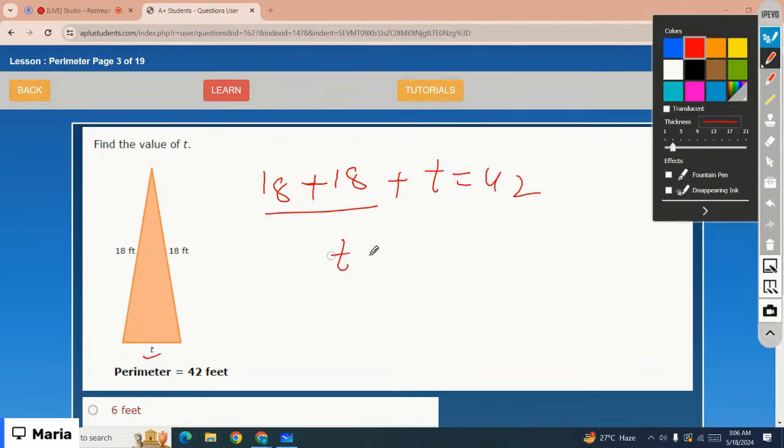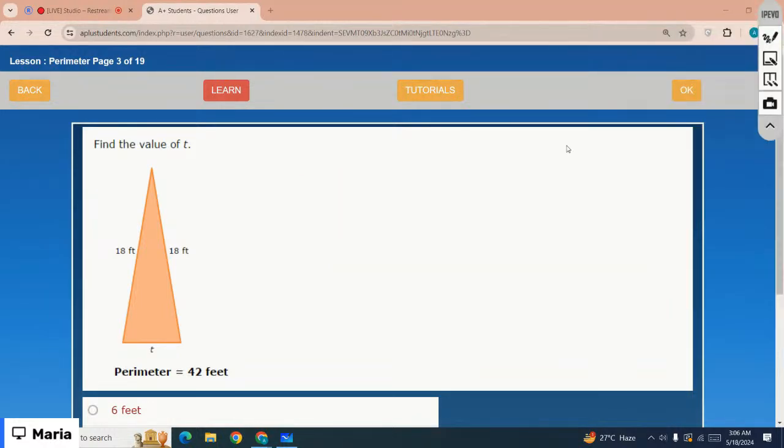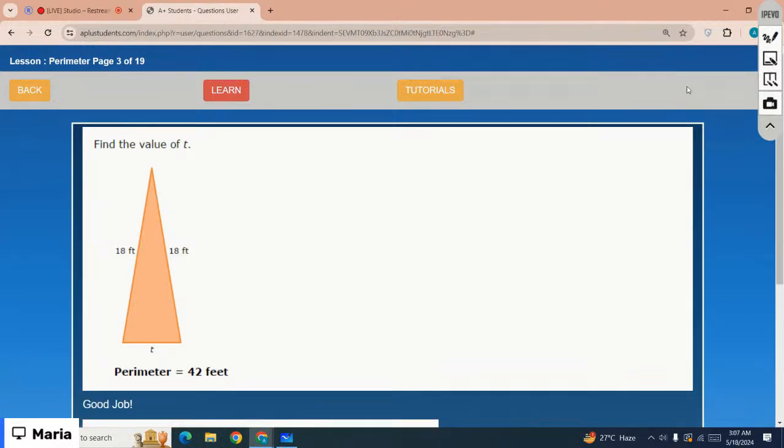So 18 plus 18 is 36. So just subtract 36 from the other side. So 42 minus 36 is 6 feet. So the missing side length is 6 feet, right? The correct option is 6 feet.